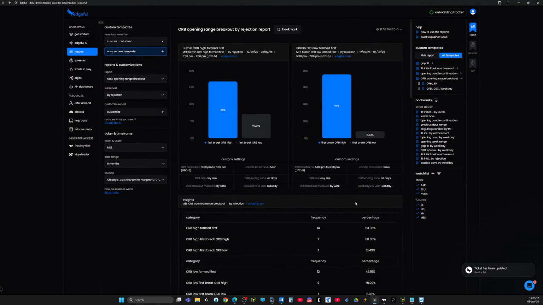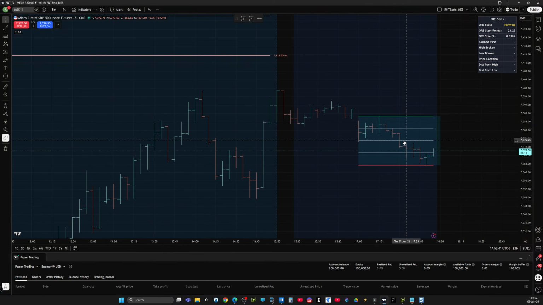Now, the way that works is we'll wait for the last candle close within the opening range. So these are 5-minute candles. So when this candle closes, that will indicate the ending zone. Wherever it closes.